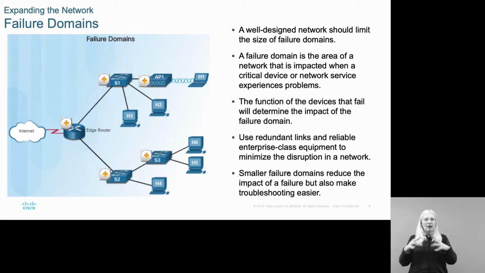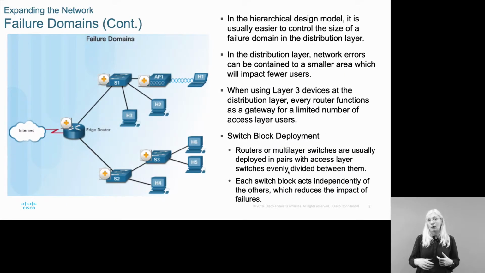Because if everything was connected into one central router, for instance, and this router goes down, well, then everything goes down. So we try to expand our network and try to avoid a single point of failure. That's difficult to do, but that's what we are trying to avoid.